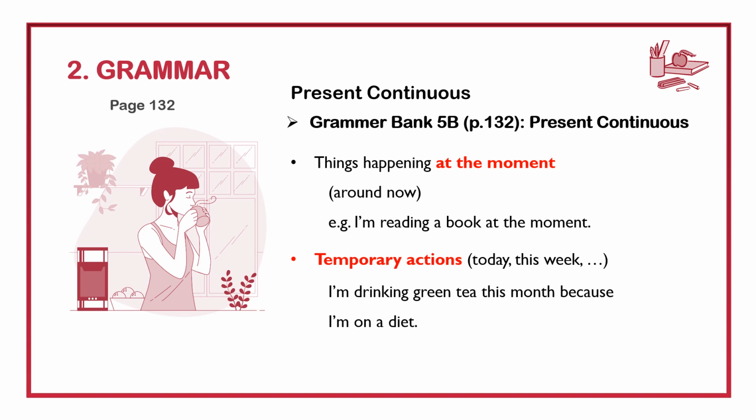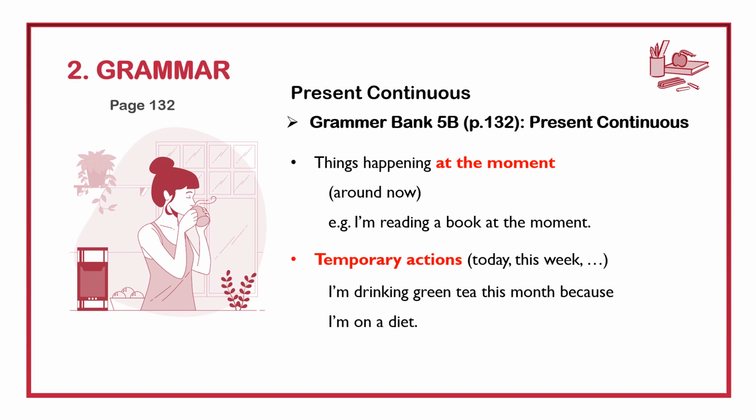We can sometimes talk about things that are happening around now. You can say at the moment for this too. For example, I'm reading a book at the moment, but I don't really mean that right now at this time of day my book is open and I'm reading it. It means that I'm in the middle of reading a book.